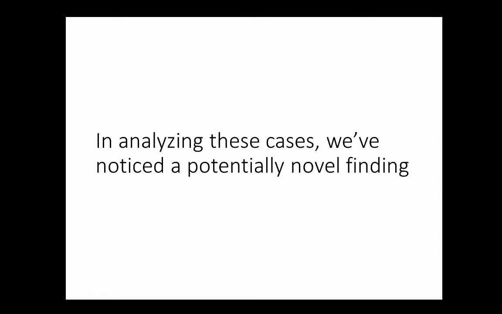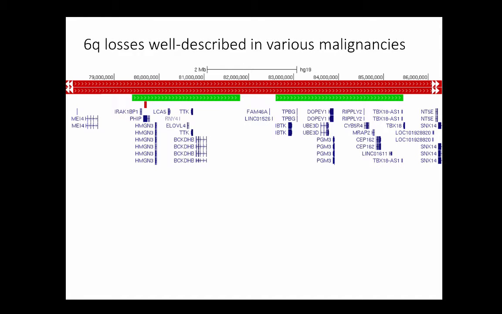In addition to seeing these really well-described recurrent abnormalities, we've also noticed a potential interesting finding among these patients. And this involves the long arm of chromosome 6, where we have well-described deletions and abnormalities in multiple malignancies, including T-ALL.